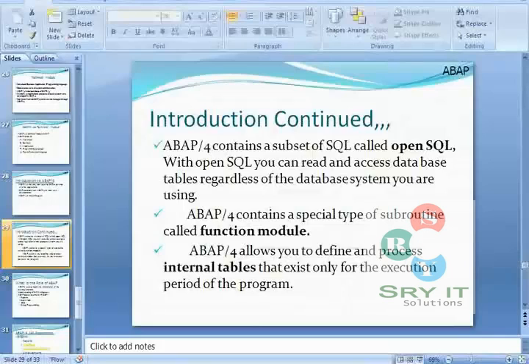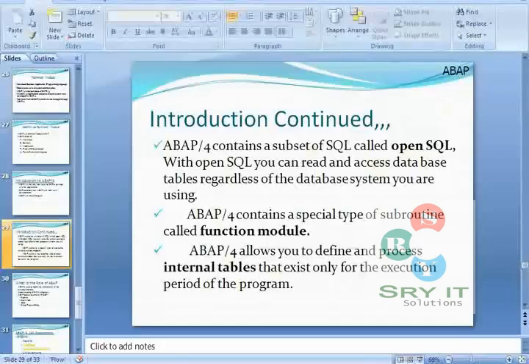OpenSQL statements are applied as a middle layer. The middle layer is an intermediate between the database and the end user, or GUI, graphical user interface. The middle layer which we are talking about is OpenSQL.